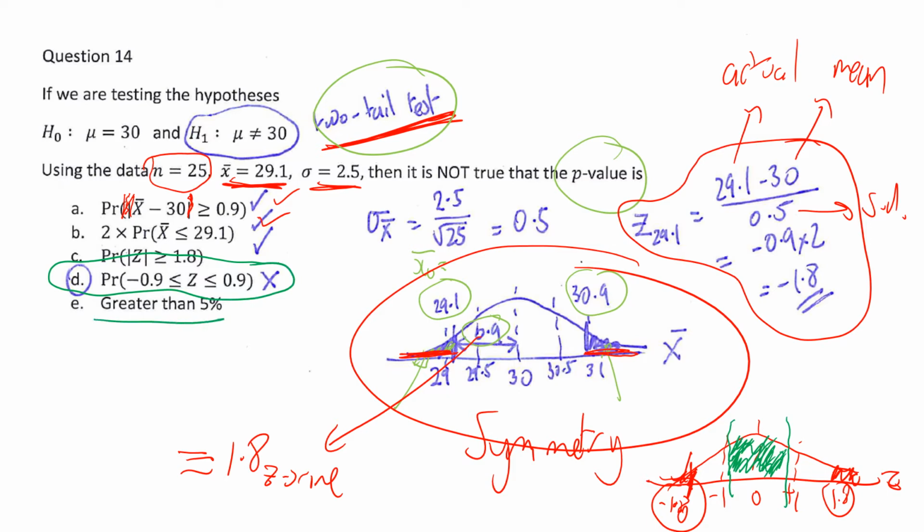Okay. Now, in order to show that E is in fact true, you'd need to actually go and calculate the p-value, and then you can see the p-value would be greater than 5%, which you'd only bother to do if you had time, if you finished the SAC early, which I doubt many of you did.